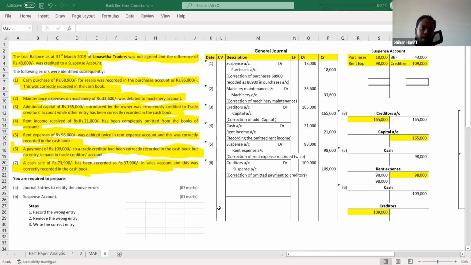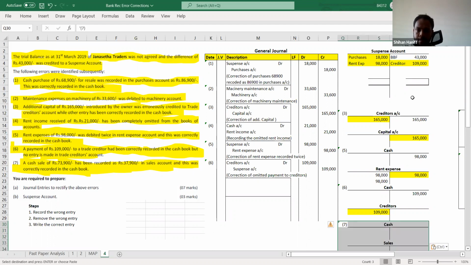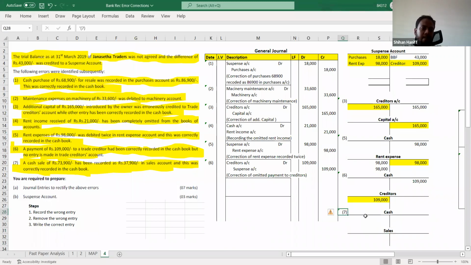Okay, let's do the working. Number 7. A cash sale of 73,900 has been recorded as 37,900 in the sales account.